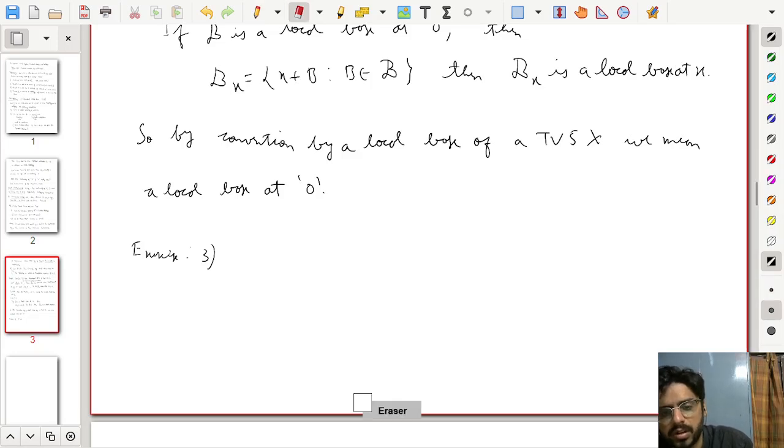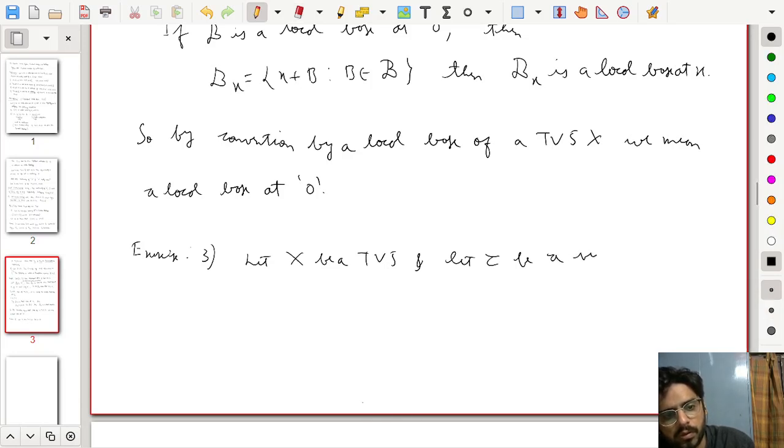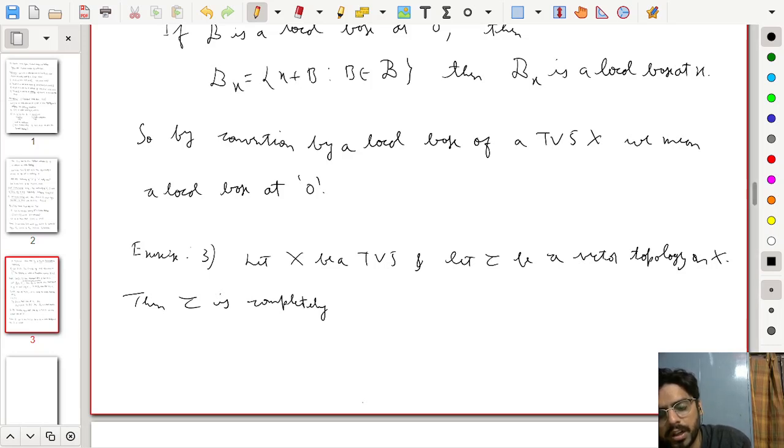Let X be a TVS and let tau be the vector topology on X. Then tau is completely determined by a local base.